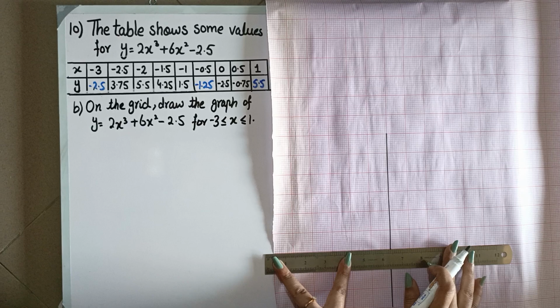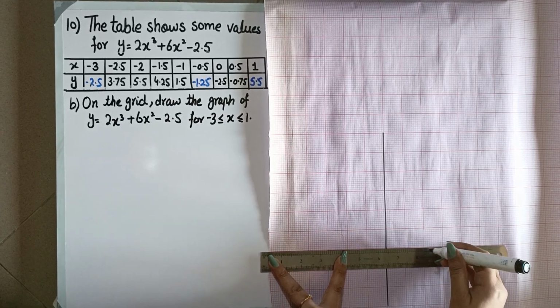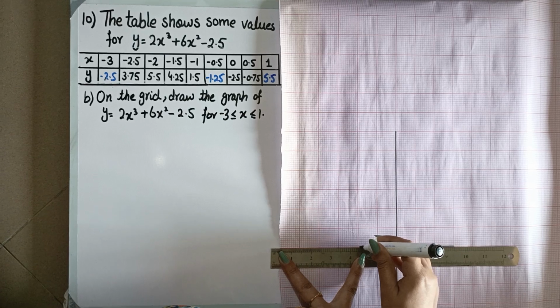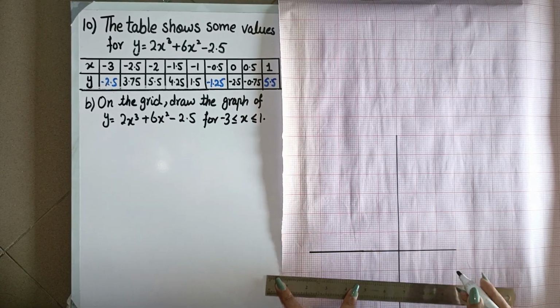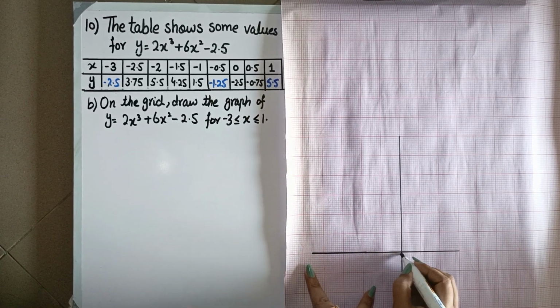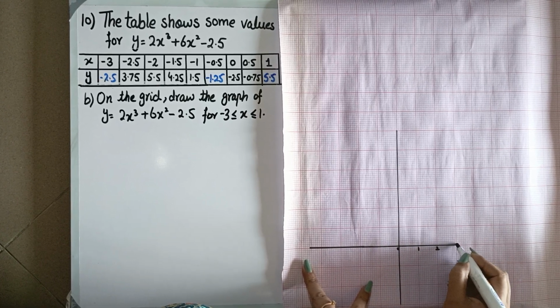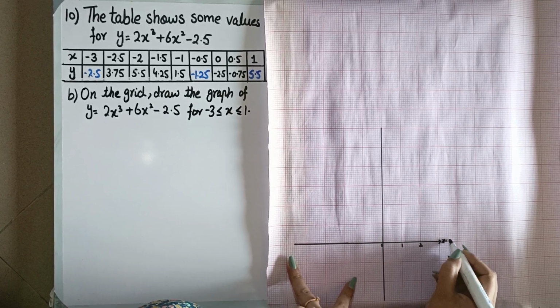The scale over here, one small box is equal to 0.1. This is the origin, this is 1, this is 2, and this one is the x-axis.